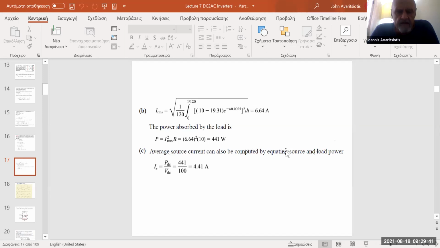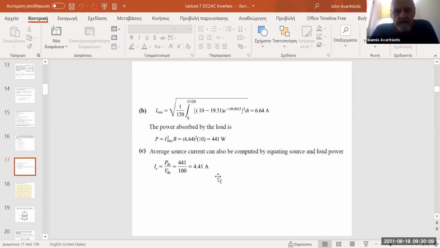We already calculated that the power absorbed by the load is 441 watts, and we know that the power provided by the source is the product of the average source current and the voltage across the source, which is 100 volts.